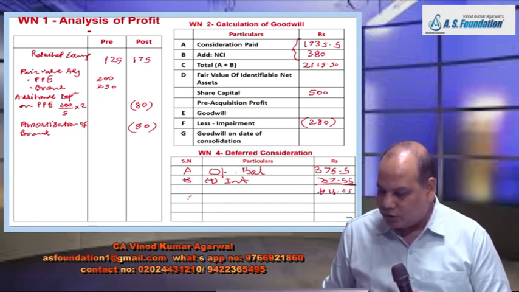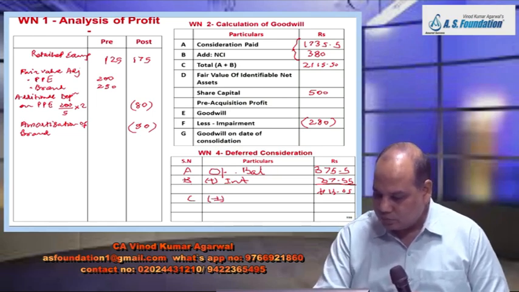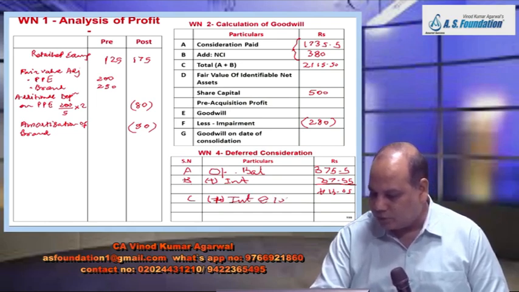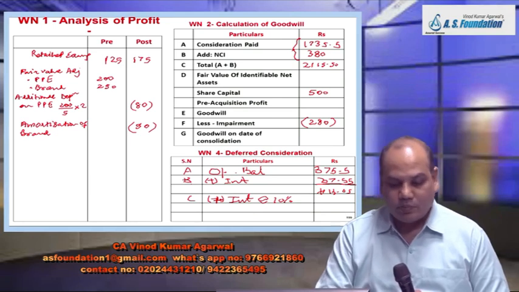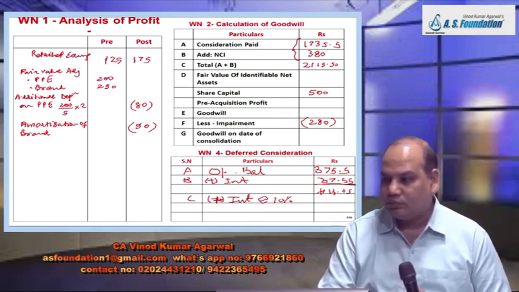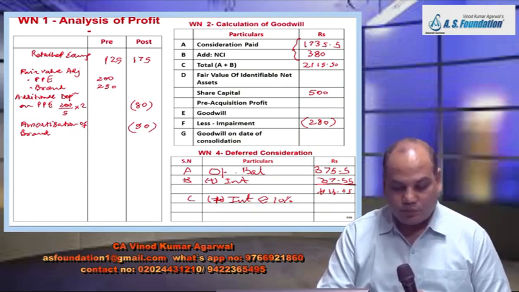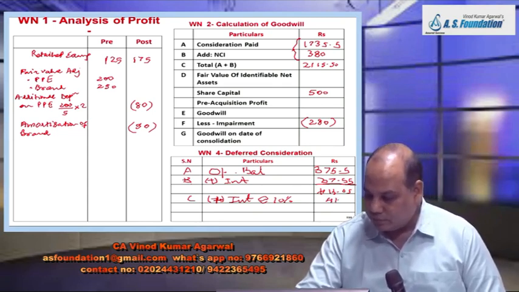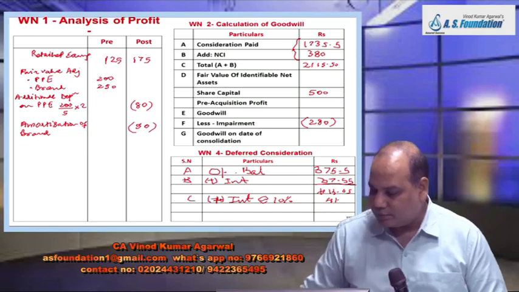Point number C, write down again, plus interest at the rate of 10% for the second year, 41.31.